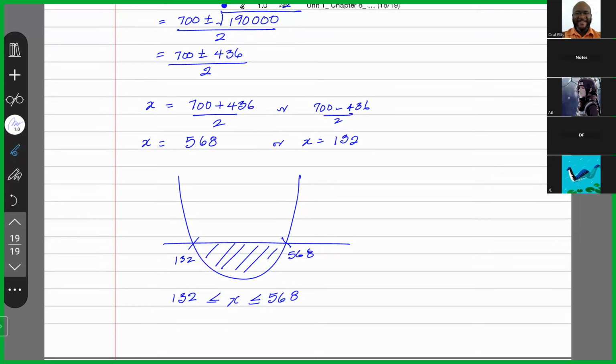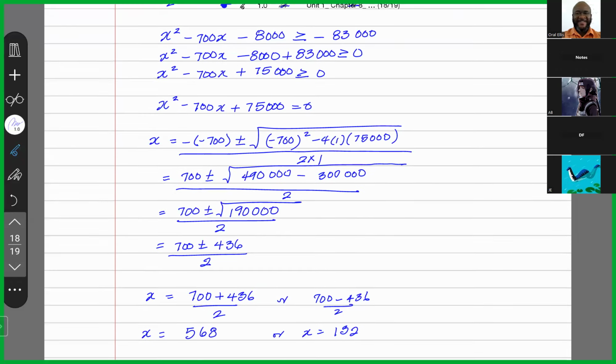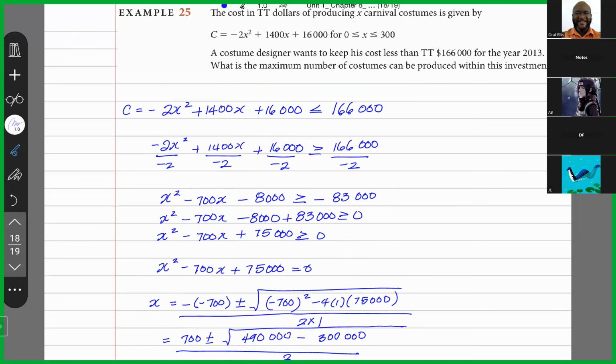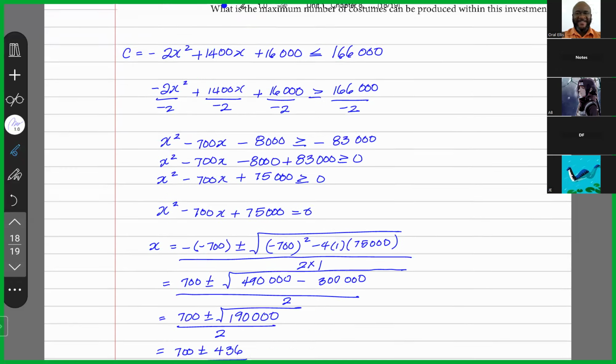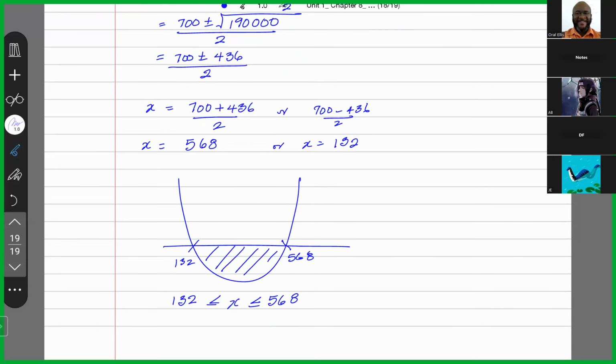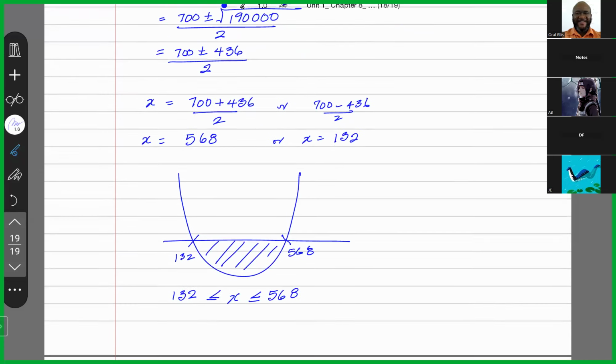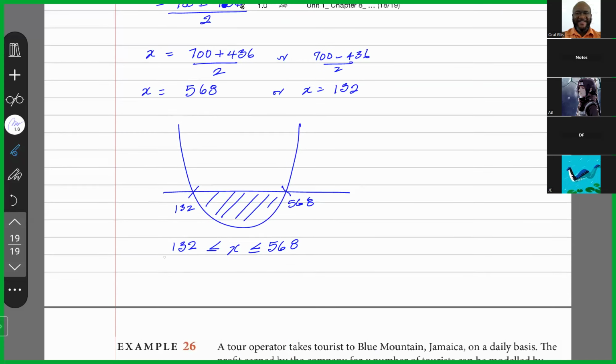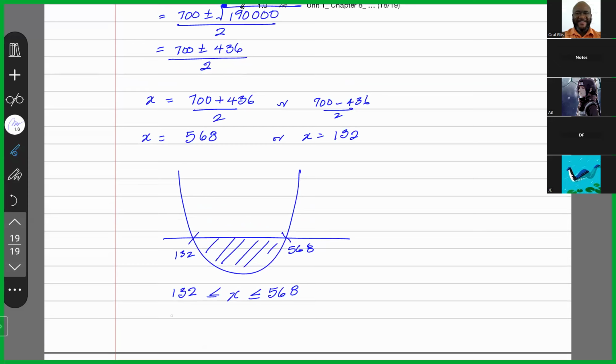So what did the question ask? They asked for the maximum number of costumes. So I would say the maximum number of costumes would be 568. So x max, x being the number of costumes, is 568.